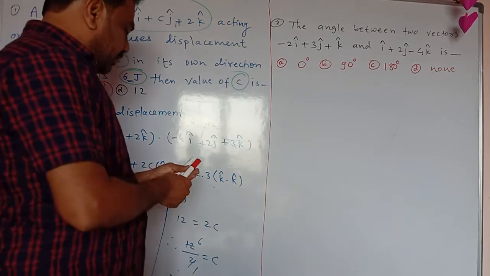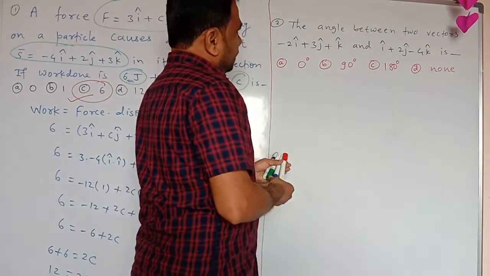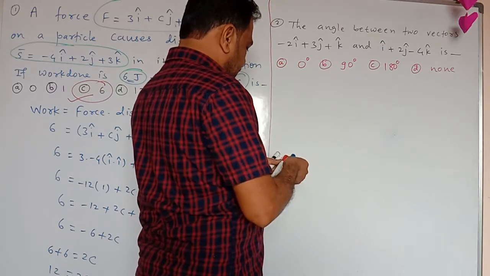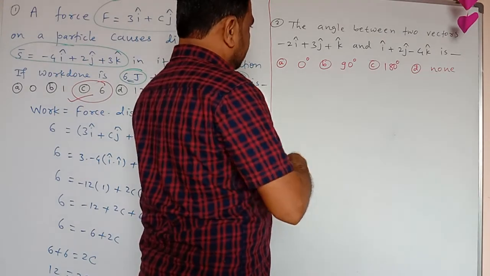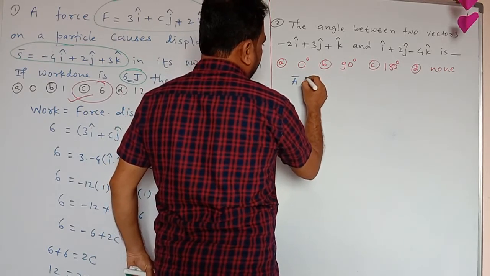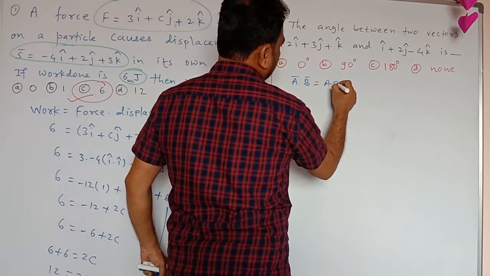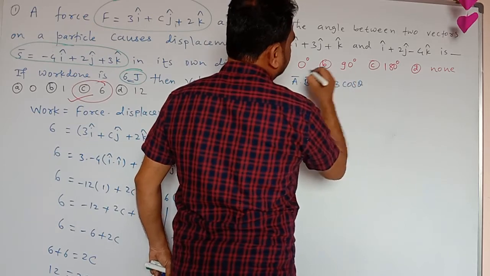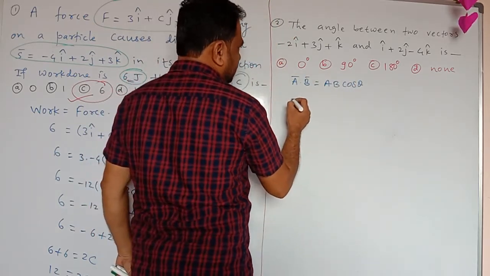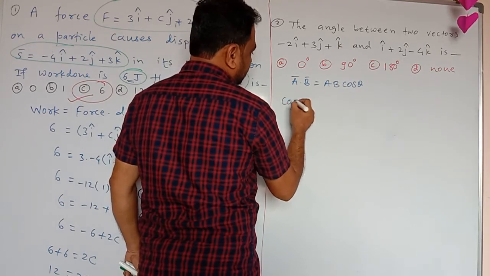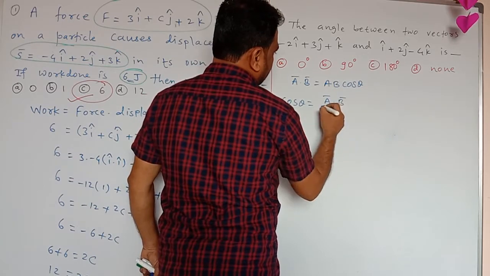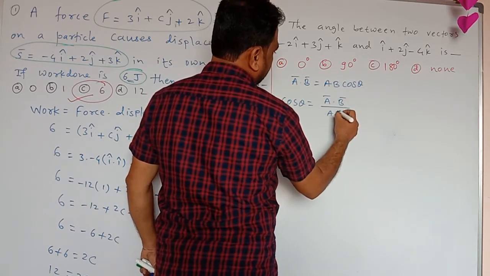So angle between two vectors means definitely we have to write, vector A dot vector B is equal to AB cos theta. Okay. So then how we can write, cos theta is equal to vector A dot B upon AB.